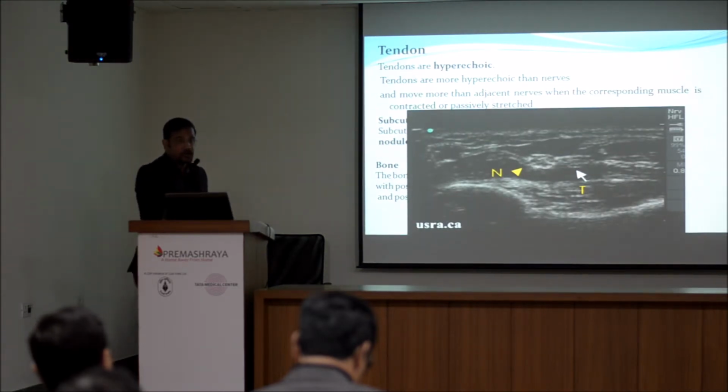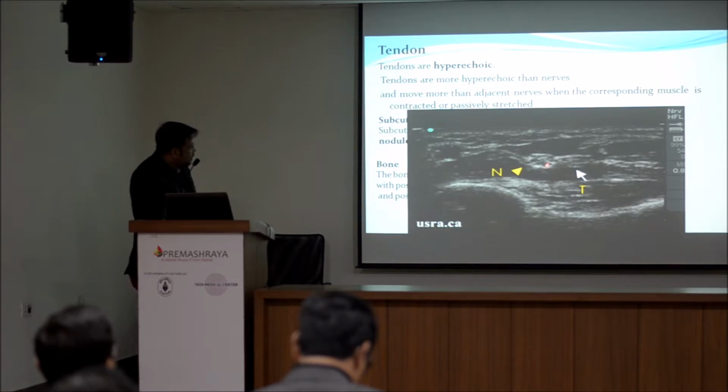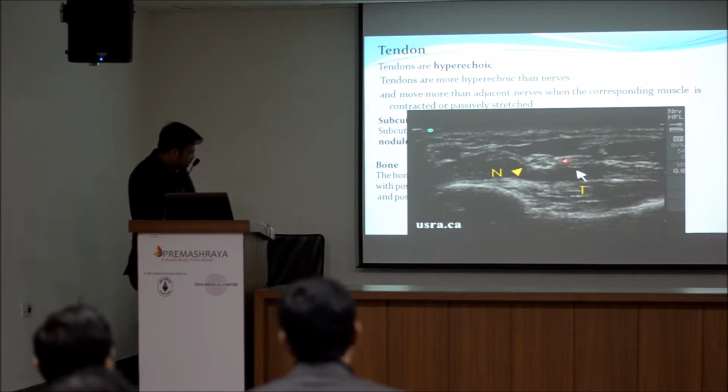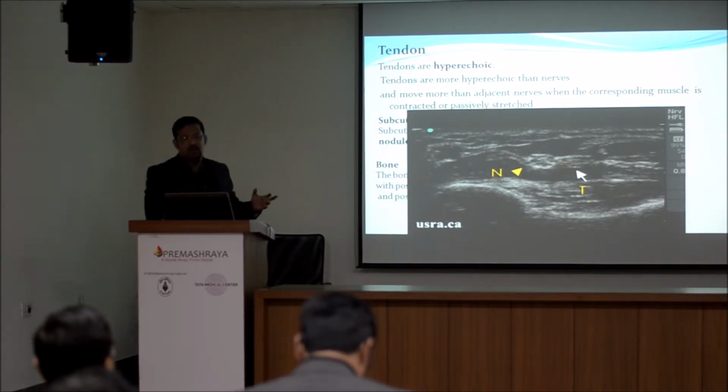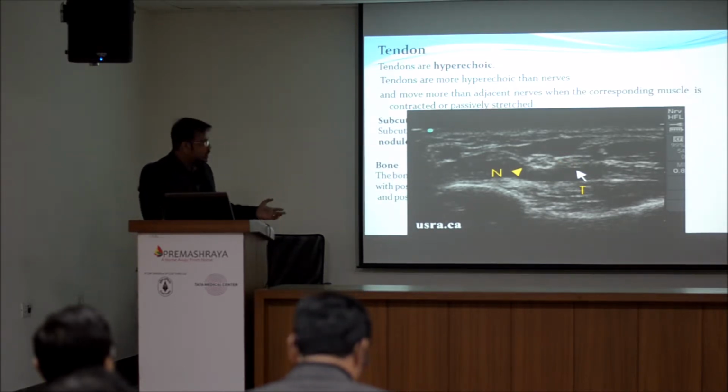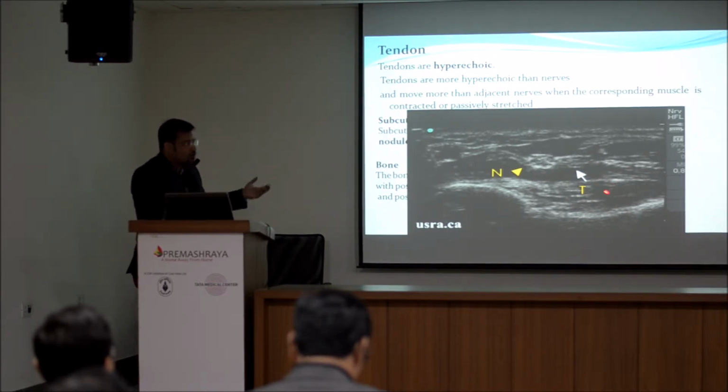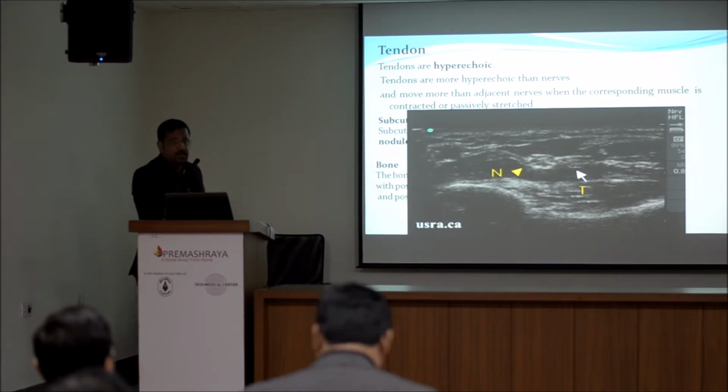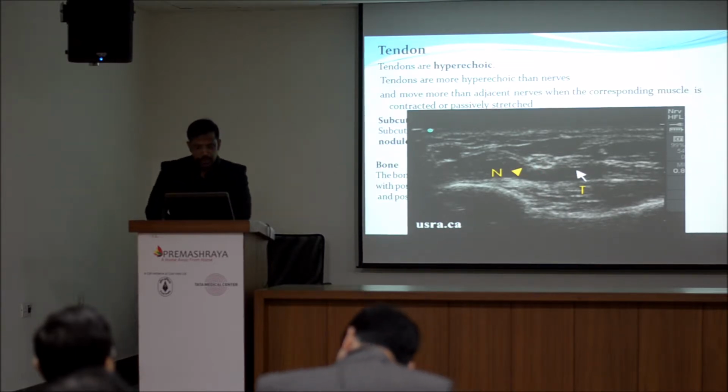So how do you differentiate? Because see, this is a median nerve, and you have these tendons. It's almost the same, but one thing is called anisotropy, which I will tell later on. The only thing you can do to differentiate is contract the muscle in that course. The tendon will move, but the nerve will not move.